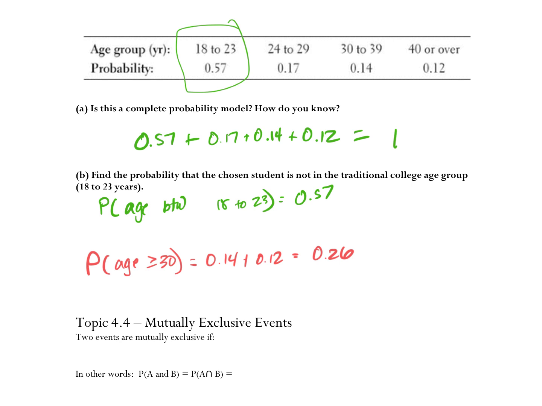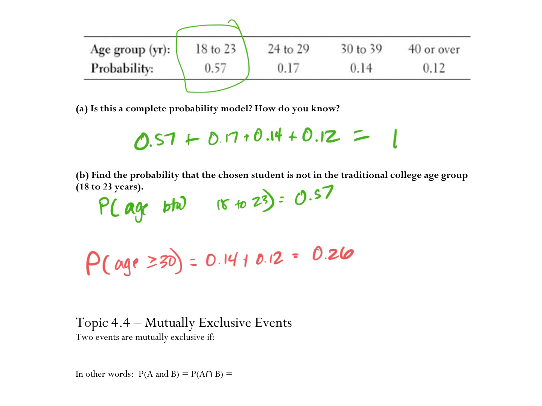What if I ask, what is the probability somebody's in the 18 to 23 range and the 30 to 39 range? 0. It can't happen, right? If I were to ask you, what is the probability I roll an odd number and a 2? That doesn't work, yeah? Okay.